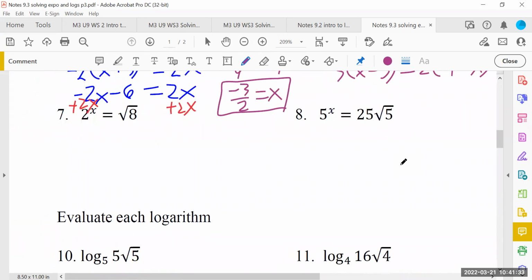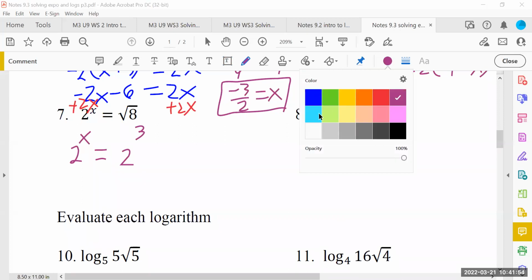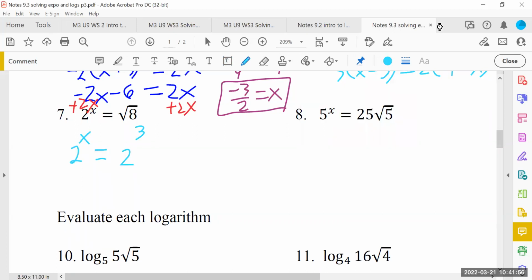Here's where we may have some issues. Square roots. Remember, square roots are just exponents, fraction exponents. So this guy right here, 2 to the x power. Is everybody good with 8 being 2 to the 3rd power? And the square root right here is a 1/2 exponent.